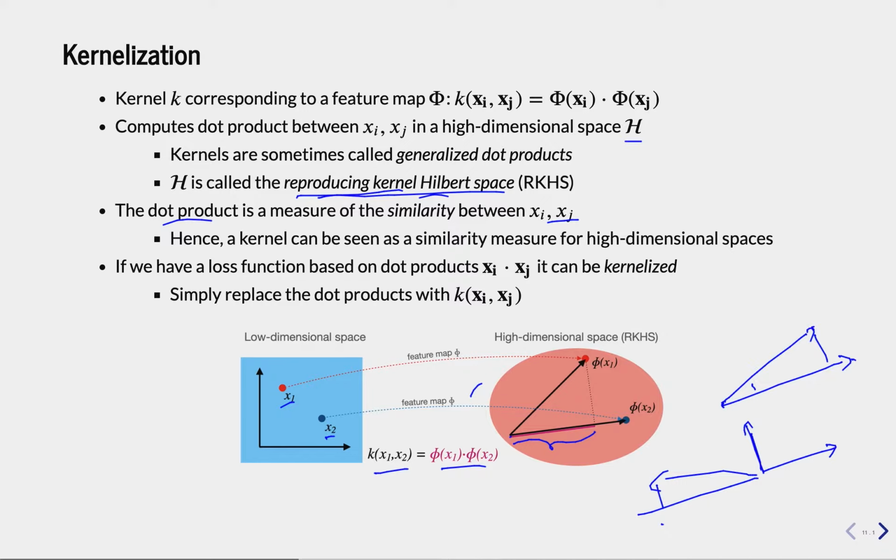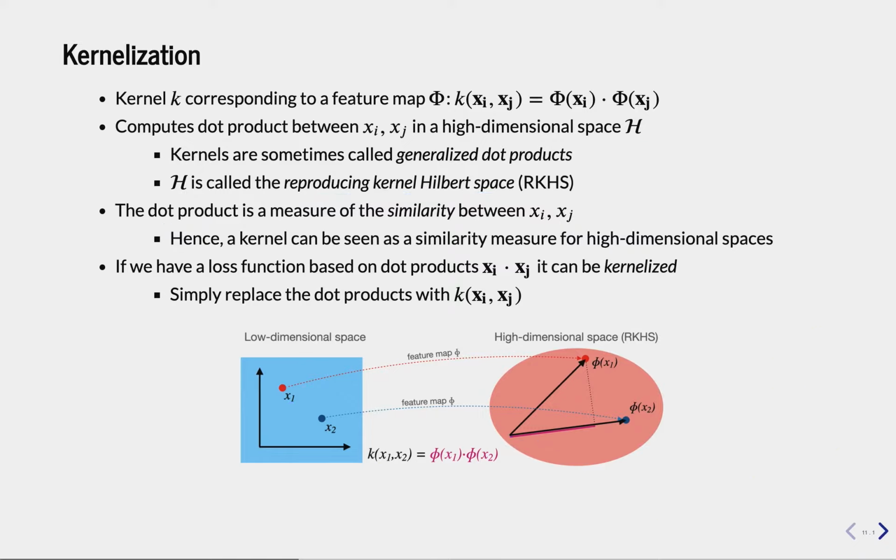So if a dot product is a measure of similarity in our original space, then the kernel, which is nothing more than a dot product in a high-dimensional space, can be seen as a similarity measure for this high-dimensional space. That's actually the easiest way to think about it. So when you see a kernel, it is basically a way to measure how similar 2 points x1, x2 are in a high-dimensional space.